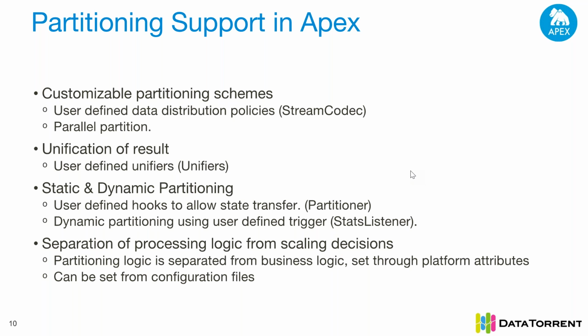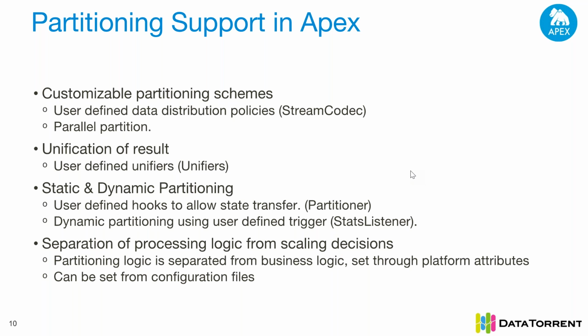While using dynamic partitioning, you can increase or reduce the number of partitions based on various types of metrics and stats from the system or from external implementations. There are two main interfaces you need to implement to allow dynamic partitioning.